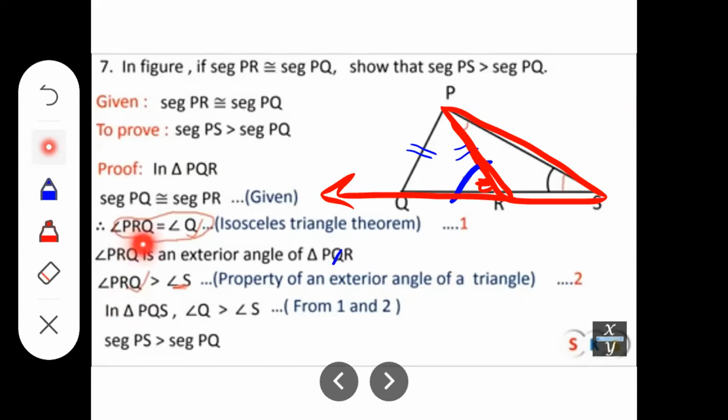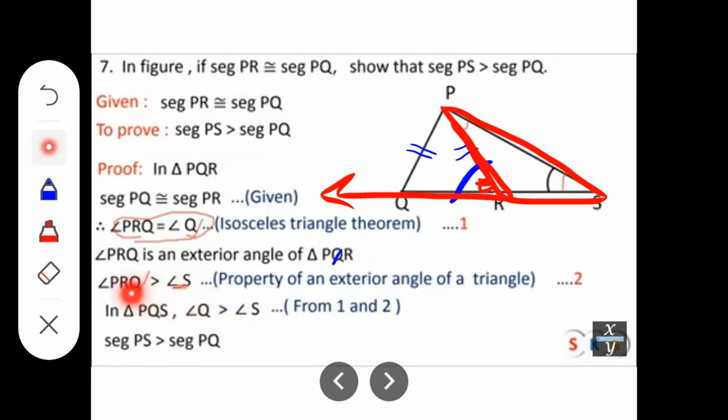As PRQ is equal to angle Q, if I replace this PRQ with angle Q, then here I will write angle Q. The middle sign, greater than, I kept the same, and next, angle S is as it is.